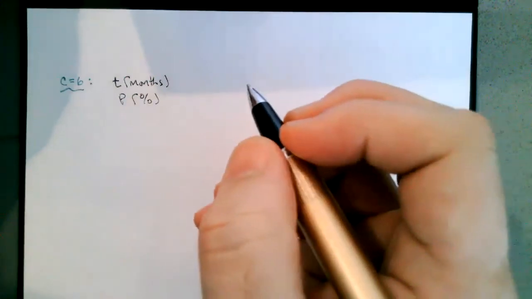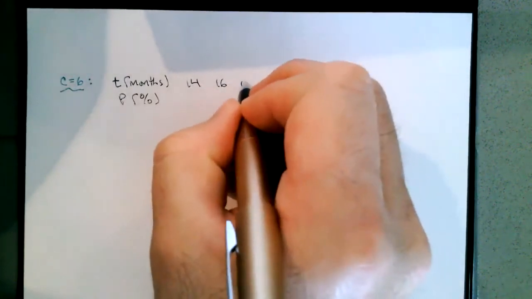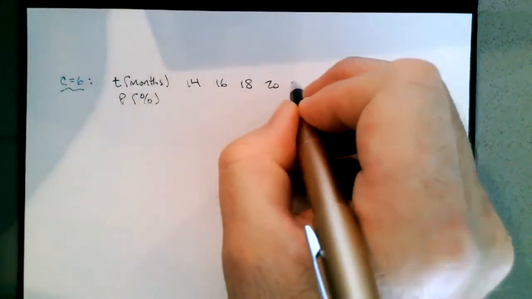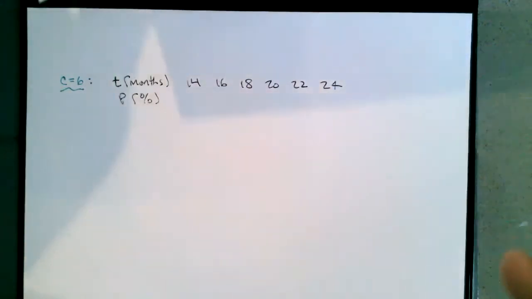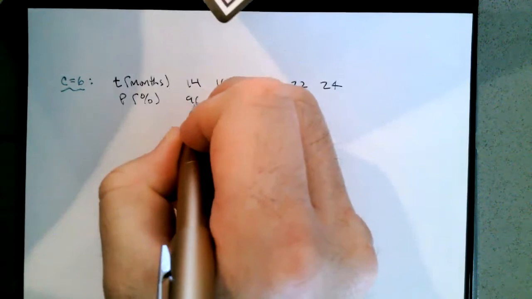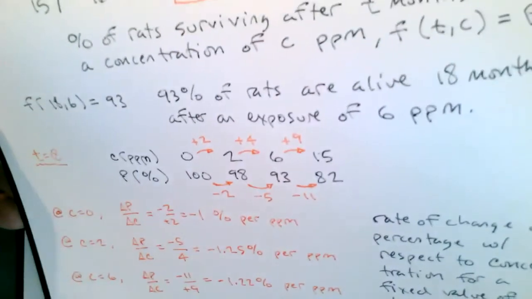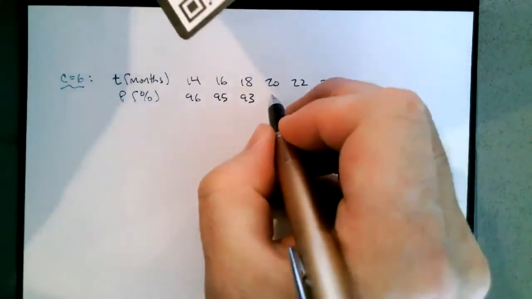And so the time goes 14, 16, 18, 20, 22, and 24. And our percentage on that row is 96, 95, 93, 90, 86, 80.